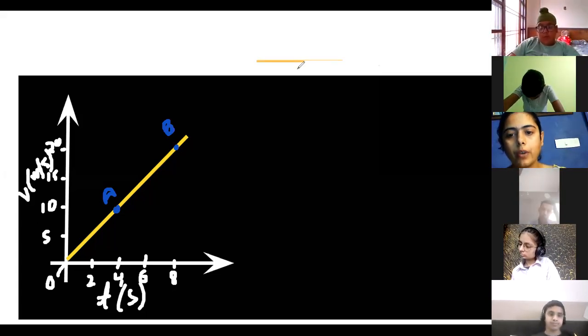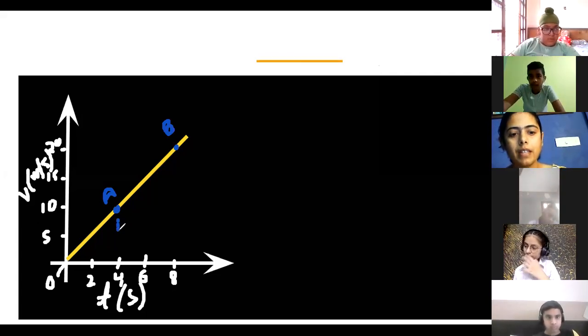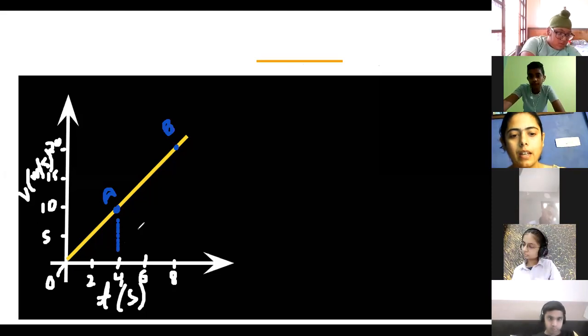For displacement, what are we doing? We are checking from A onto the time axis. We draw the lines, and the same way we draw it from B onto the time axis.